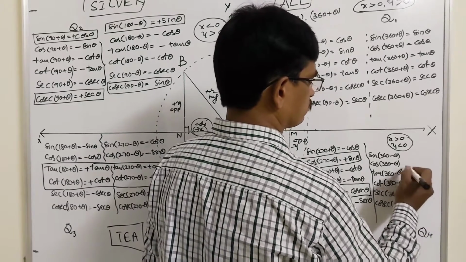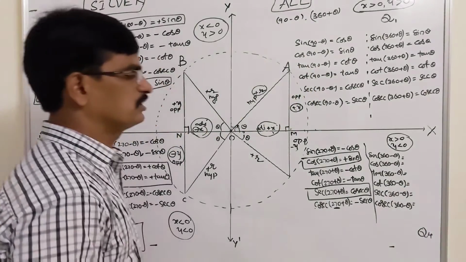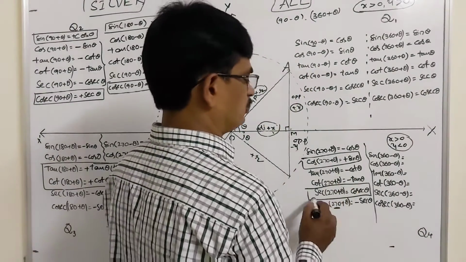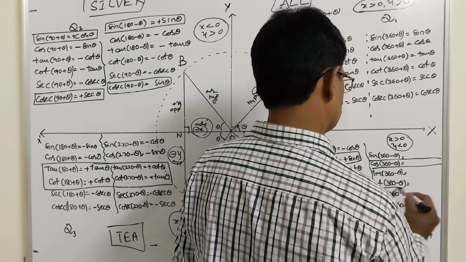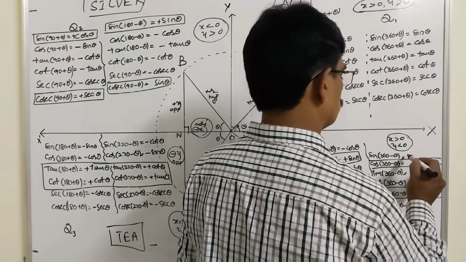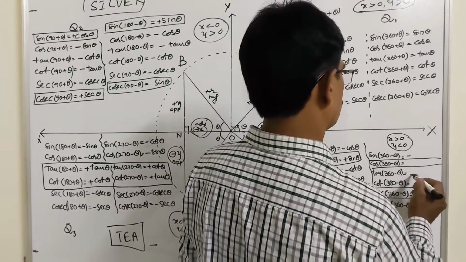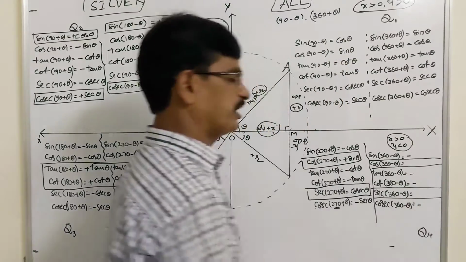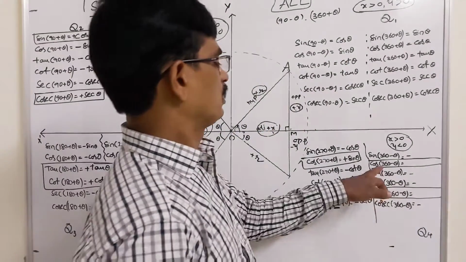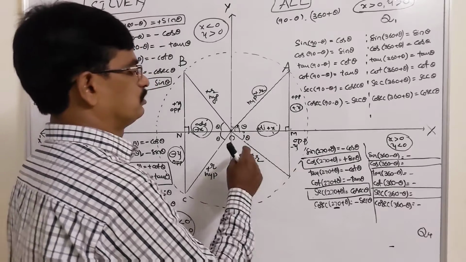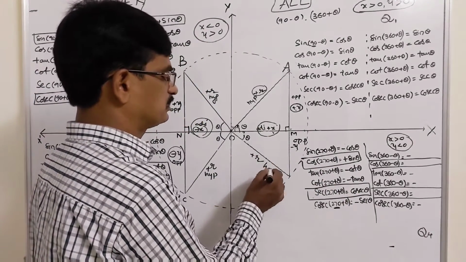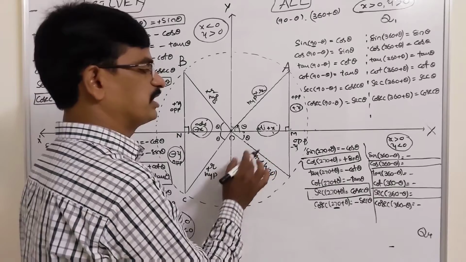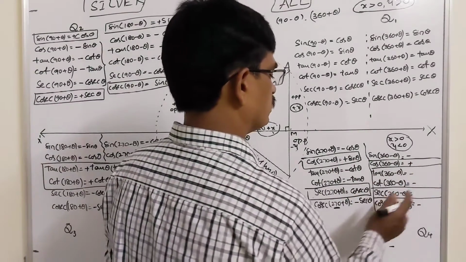See here cos and secant are positive, remaining all are negative. Why? Cos theta is equal to adjacent side by hypotenuse, plus by plus, plus.